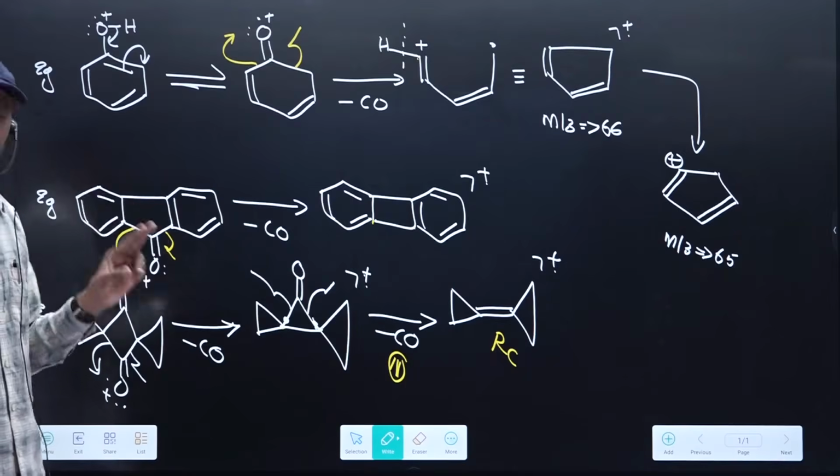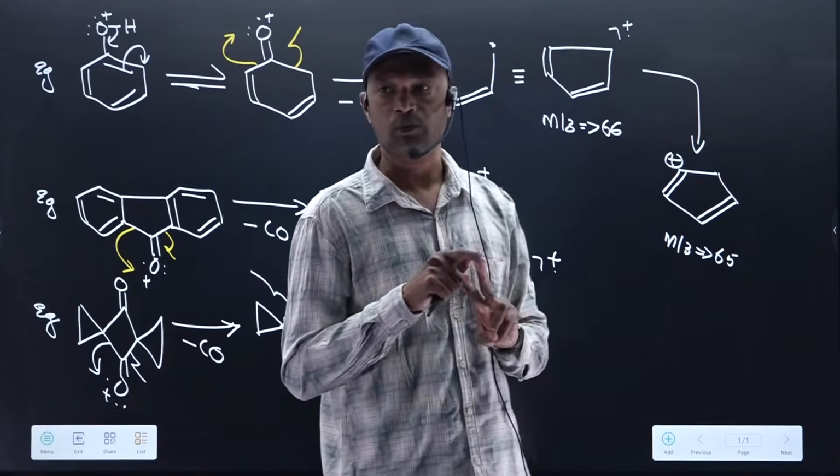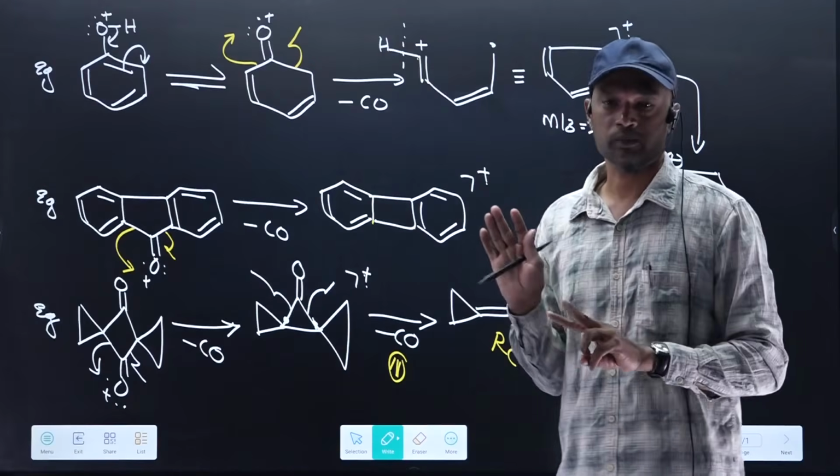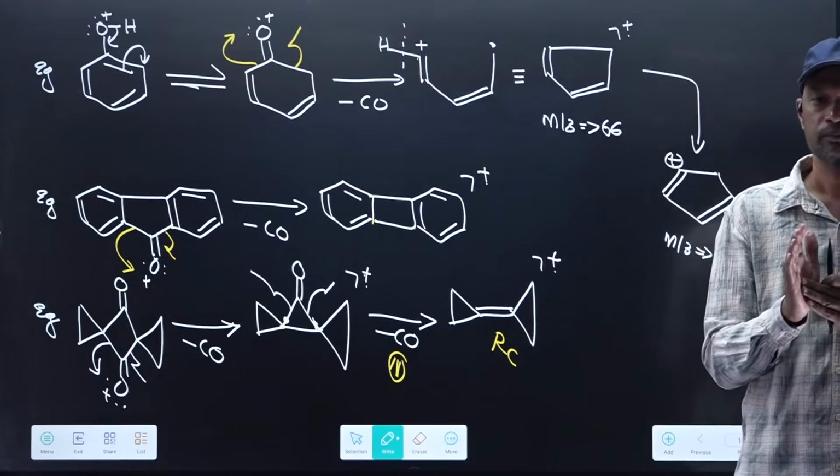Follow the rule. That's why only 2 rules are sufficient. One is the even electron rule, one more is the odd electron rule. If you know these 2 rules, the concept is over. You know what is the selective direction for the fragmentation.